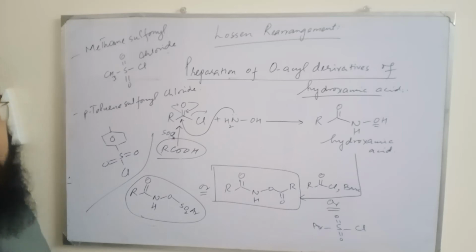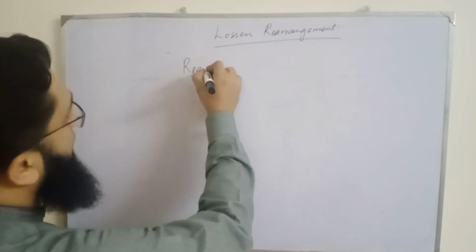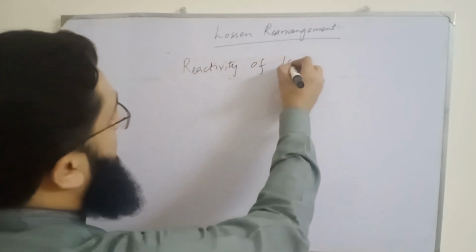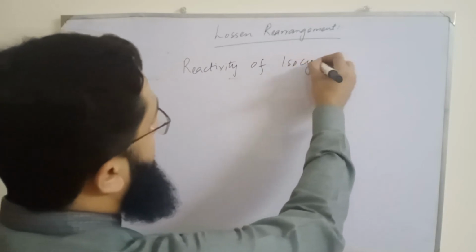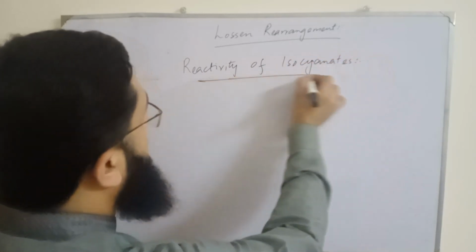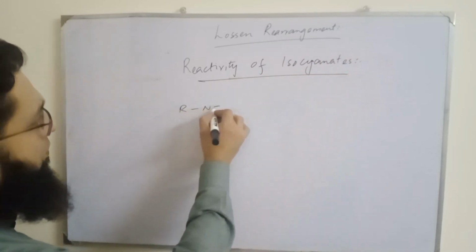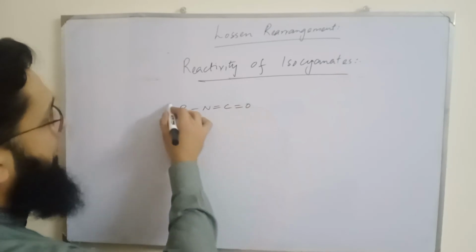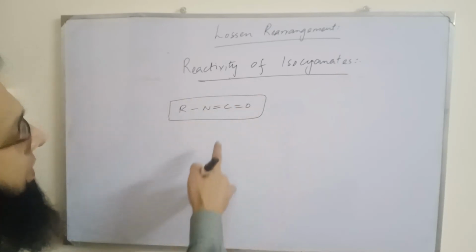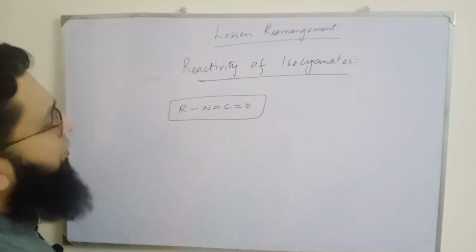Now we see the reactivity of isocyanates. This is isocyanate, and in this case we can see this carbon has been attached to two electronegative atoms.